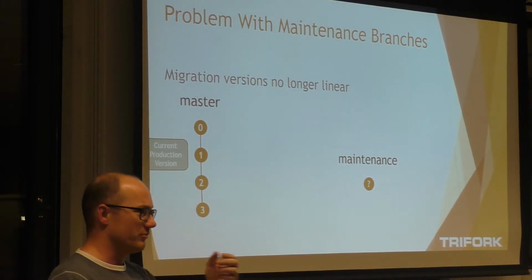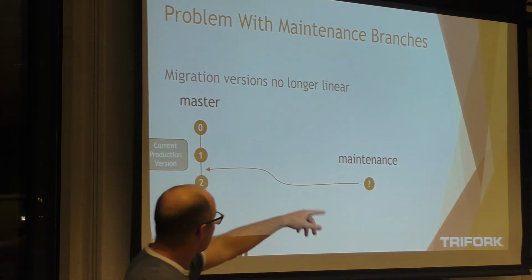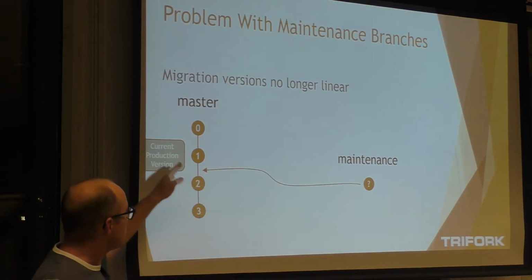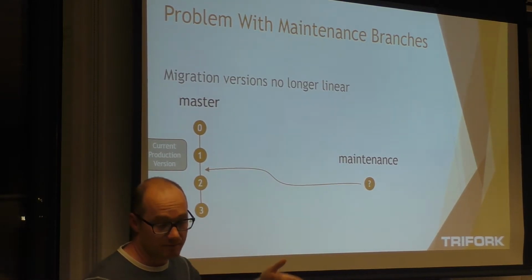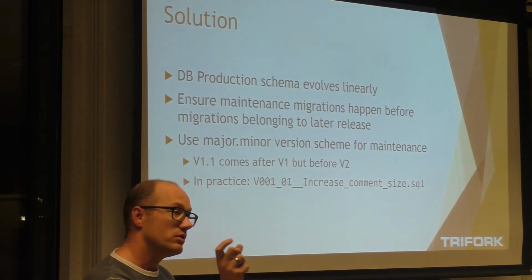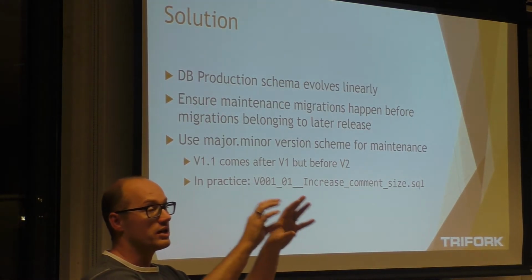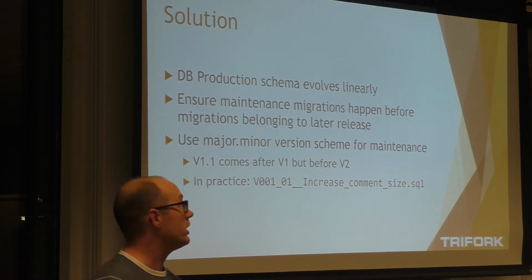What happened here? There are new migrations that came out of nowhere. So basically what you want is a version number that goes after version 1, but comes before version 2. Fortunately, this is actually very trivial because Flyway doesn't just support single number versions. It can support things like major, minor, or patch releases, or however many segments you like.